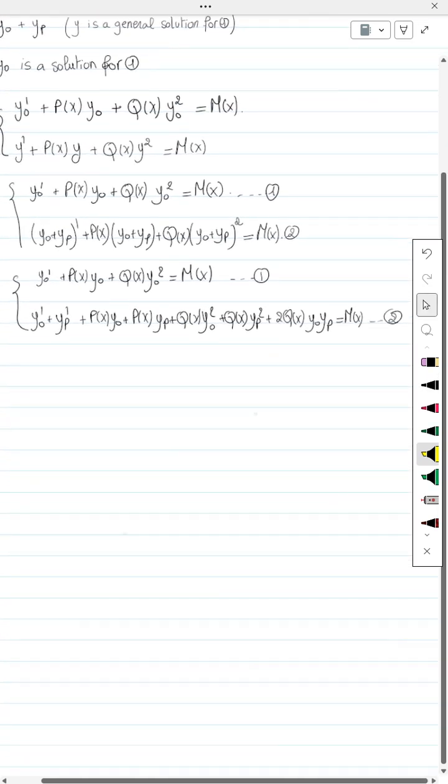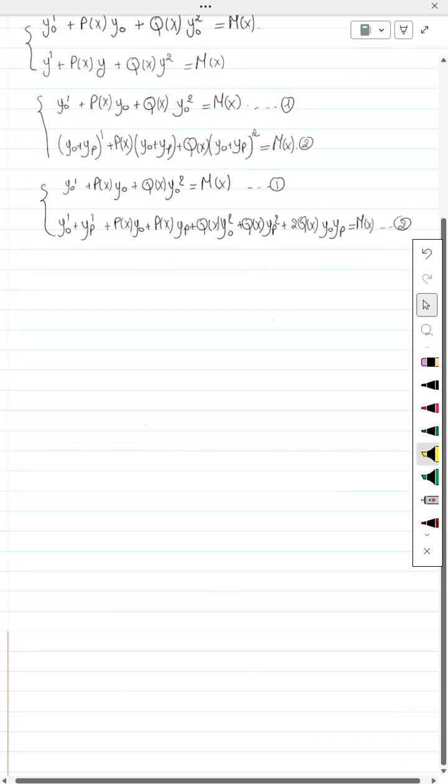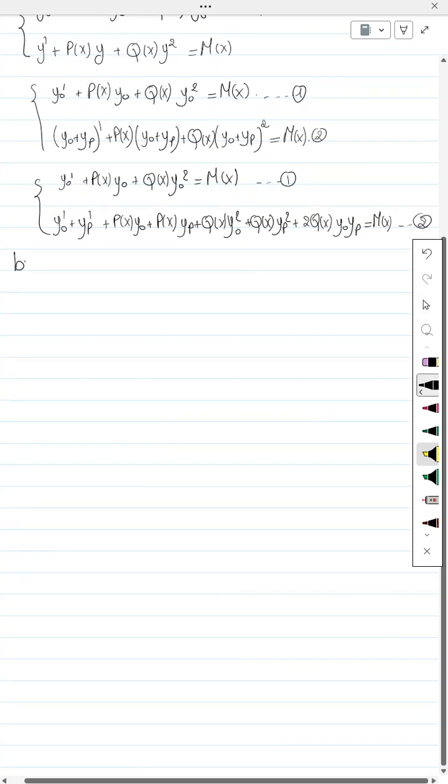As you can see here, by subtracting 1 from 2, so it is 2 minus 1, we're going to obtain the following. y0 prime is going to cancel with y0 prime, p(x) y0 with p(x) y0, q(x) y0 squared with q(x) y0 squared, and m(x) is going to be cancelled with m(x).